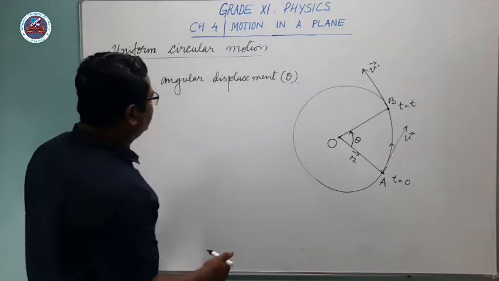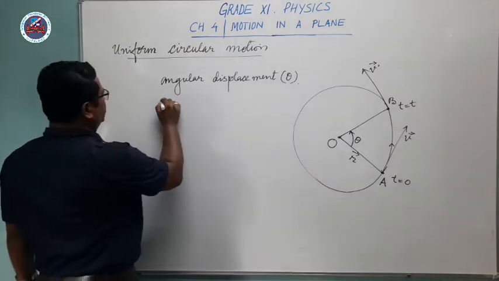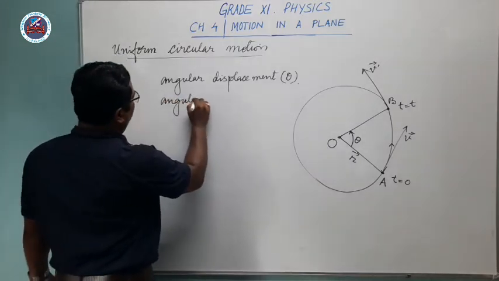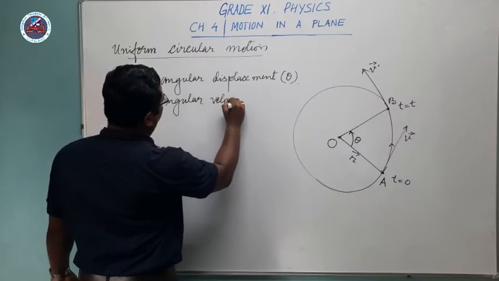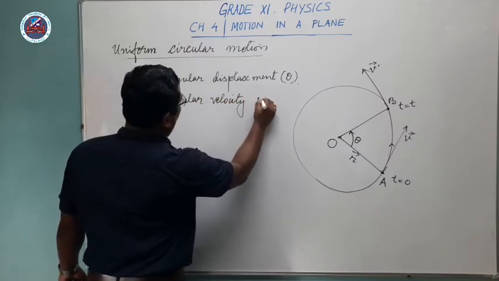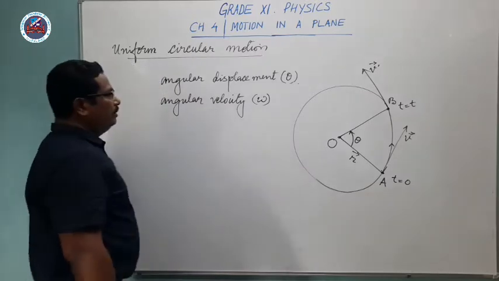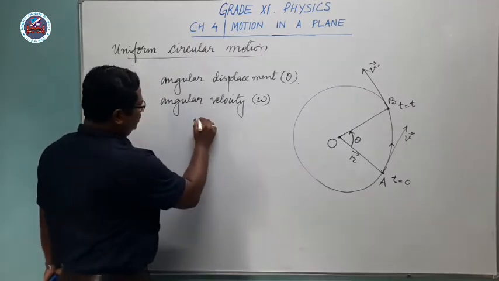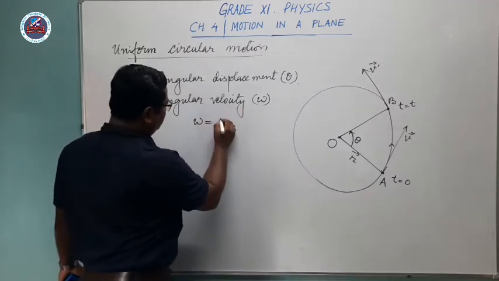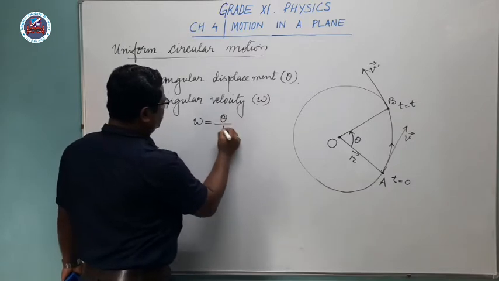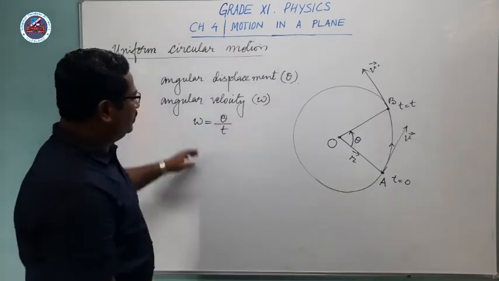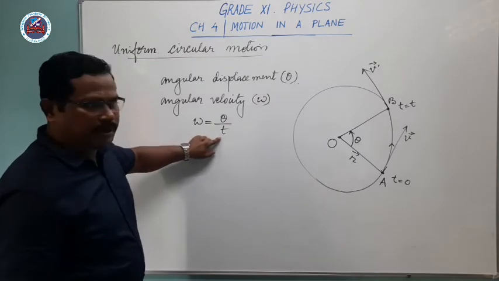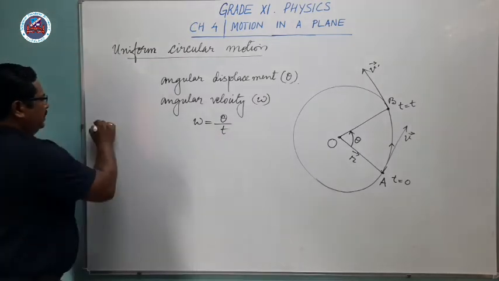Then the next term that we have to know is angular velocity. We write it as omega. Angular velocity is simply angular displacement per unit time, like your linear velocity.